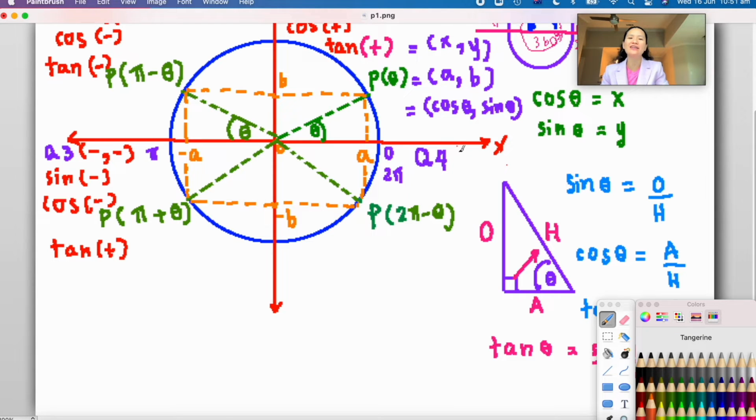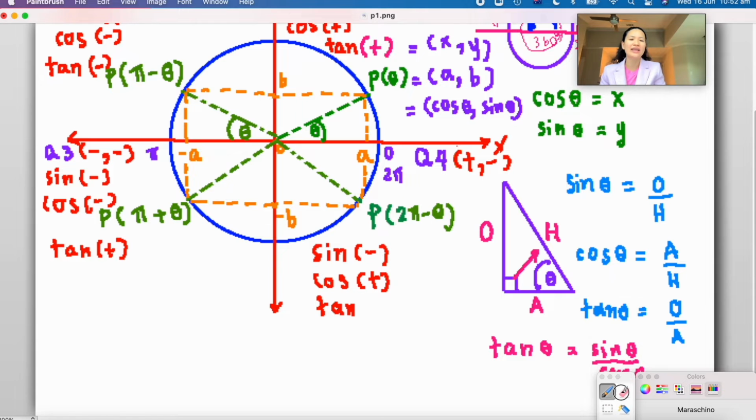Who is going to tell me about quadrant number 4? Yes, obviously our cos or x, we can see that our x is positive, and how about our y? Yes, it is negative. So I'm going to write down here, our sine is negative, yeah, sine is y. Our cos is positive, and our tan, again, look at this.